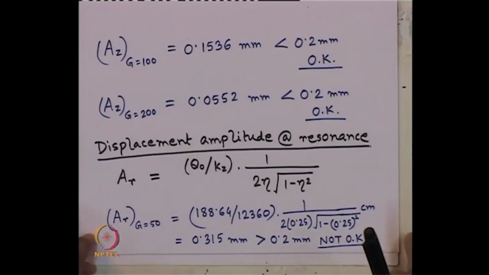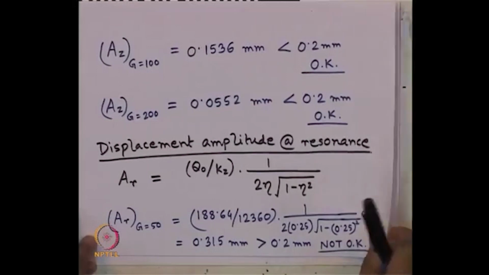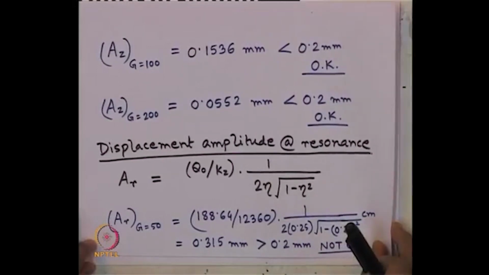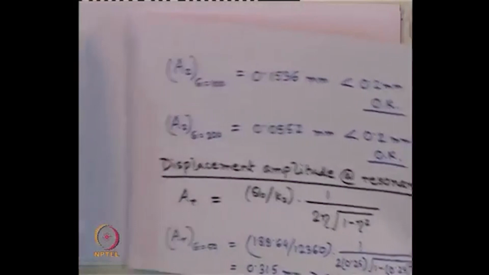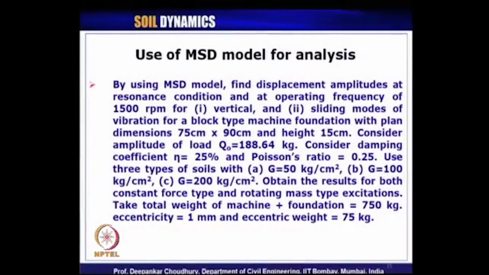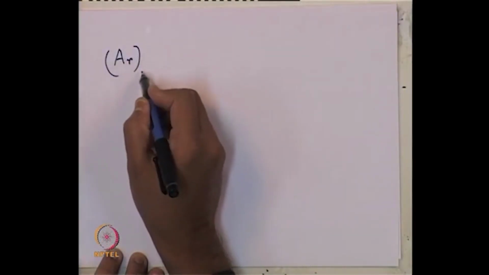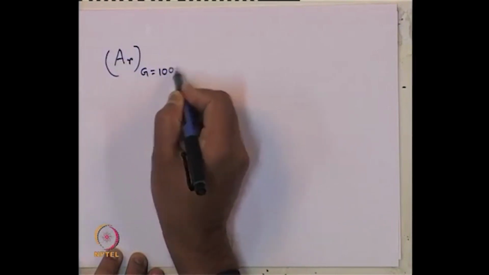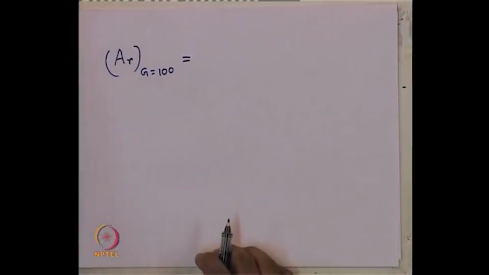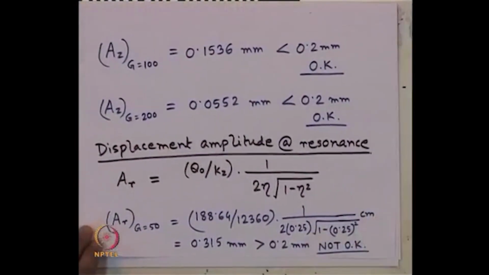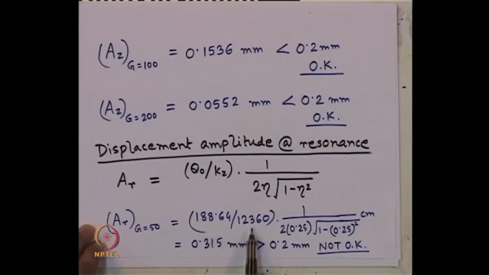So, we have to be very careful about this aspect as well, though it is not that common, because machine will operate obviously at its operating frequency, hardly it will go to the resonance condition. We do not want to keep it at its resonance condition. Let us check the AR values, that is displacement amplitude at resonance for other two values of G. So, we need to put in this expression now, Q naught will remain same, Kz will change, this also remains same.